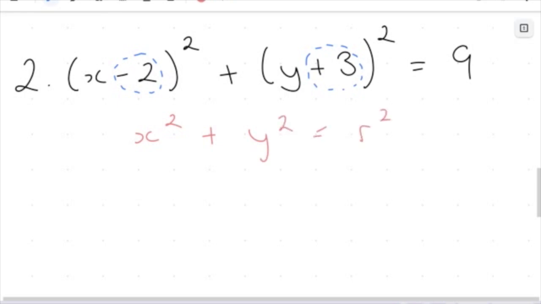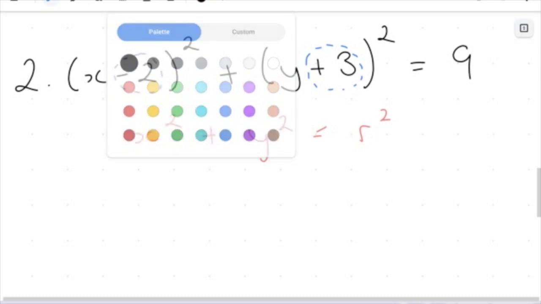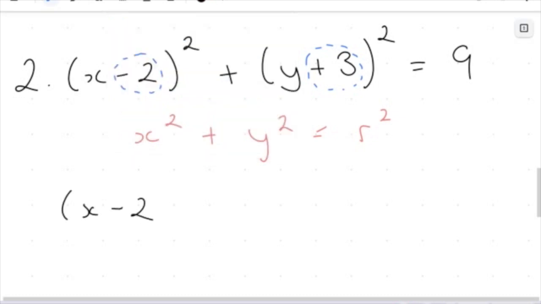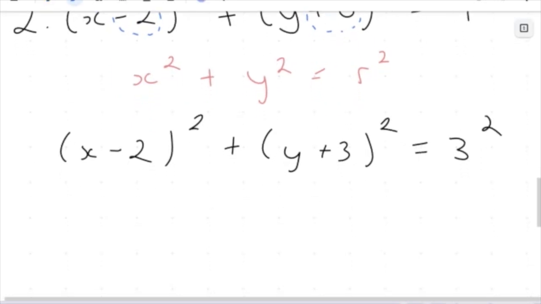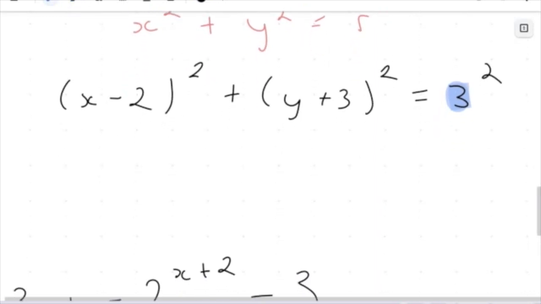So we already kind of know what the radius is, because I can write this as x minus 2 squared plus y plus 3 squared equals 3 squared. Remember, I can write 9 as 3 to the power of 2, because 3 times 3 gives me 9. So I have a radius of 3 here.